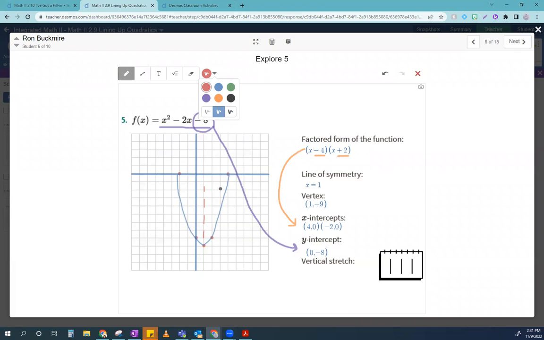Very, very good. So if it goes through the middle, let me just pretend. You're saying, "Ms. Johnson, I have my x-intercepts and I plotted them here and here. To find my line of symmetry, I just find the middle." Yes, it goes through the middle. So you want me to find the middle of 4 and -2? Yeah. And let's pretend you don't know how to do that.